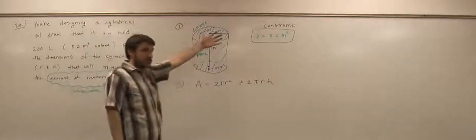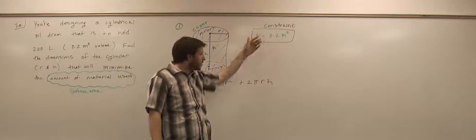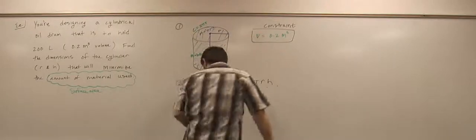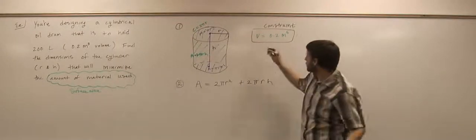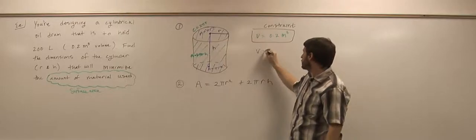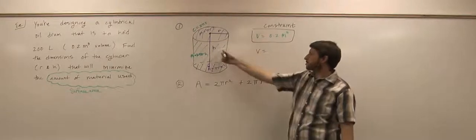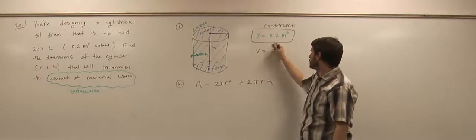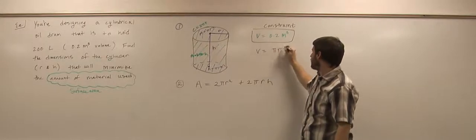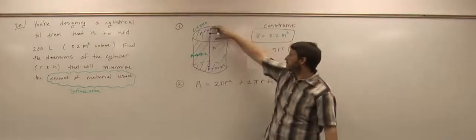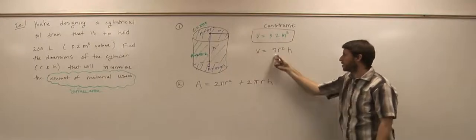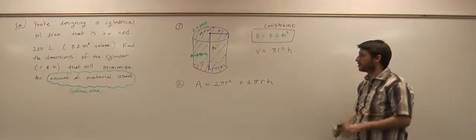The volume, the only other piece of information I have. So, what's the formula for volume of the cylinder? Oh, pi r squared, just pi r squared h, right? The area of the base times the height. This is the volume of the cylinder.